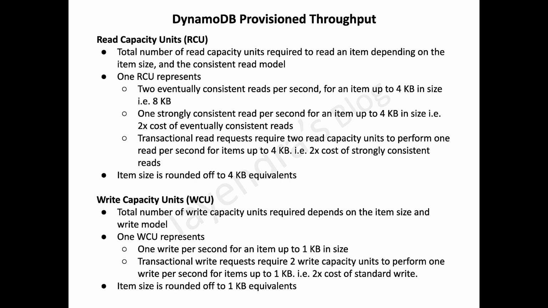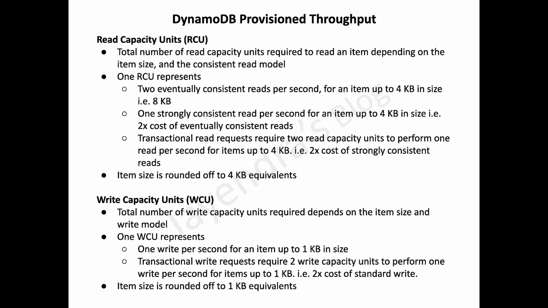Write capacity units denote the total number of write capacity units required, and it also depends on the item size and the write model. A standard write request per second for an item of up to 1 KB requires one write capacity unit.